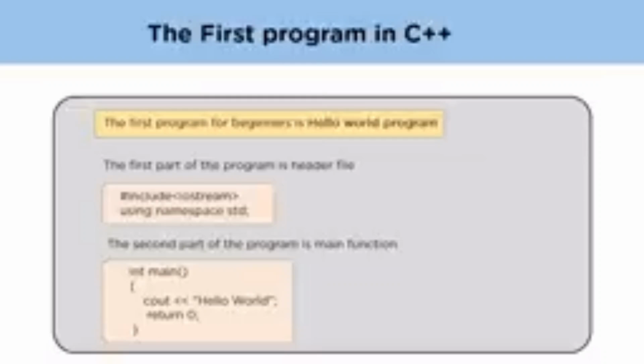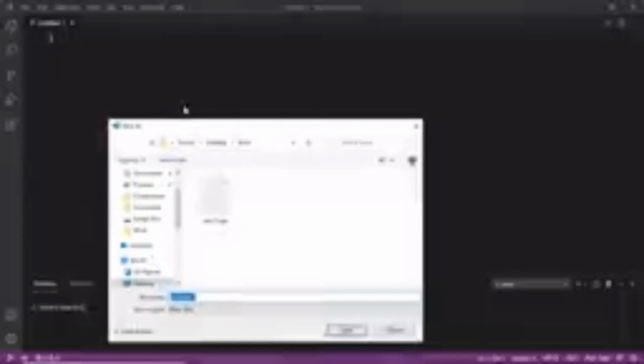So let's try this Hello World program on our code editor, that is VS Code. Let's first of all name the file hello.cpp. First of all, we'll include the header file, #include <iostream>, and then we'll write using namespace std.